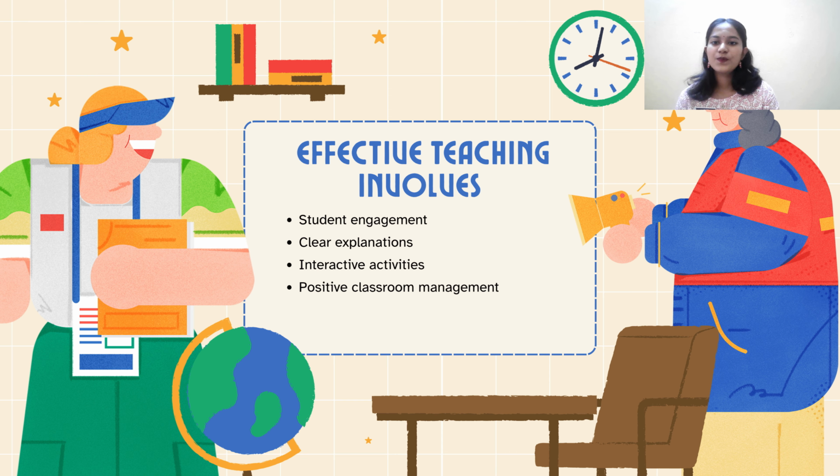The teacher in the video demonstrated effective teaching strategies such as questioning, visual aids, repetition, and also classroom interaction, which is very important. As a future ESL teacher, I believe that reflection will help me continuously improve my teaching practices and also create meaningful learning experiences for my students.